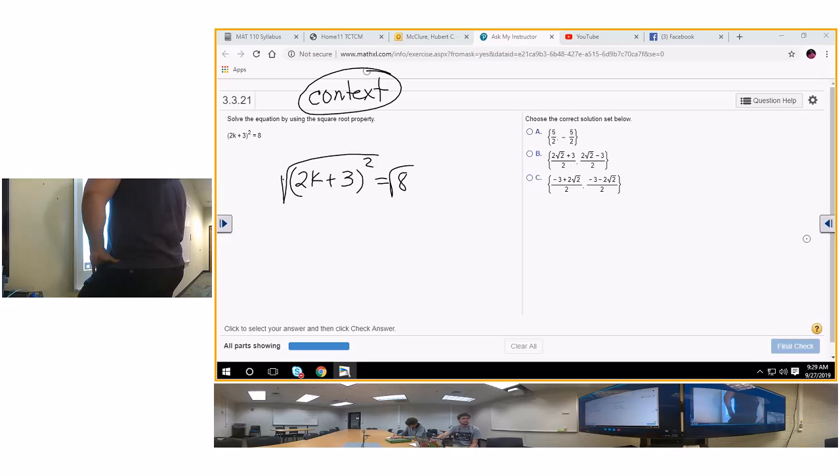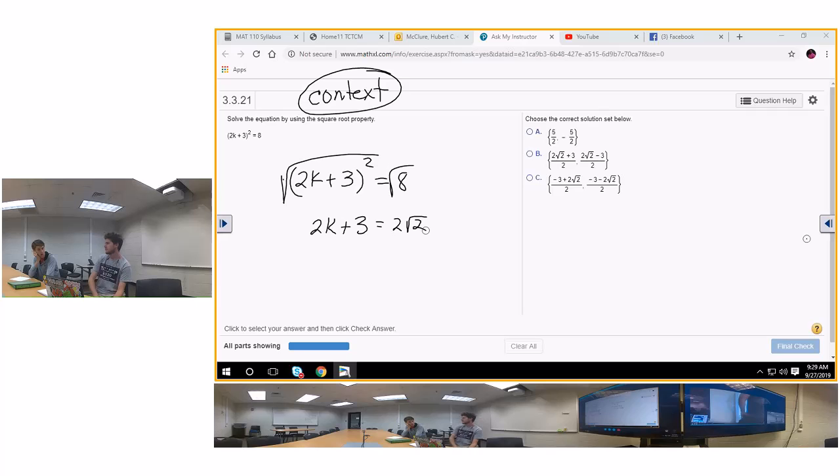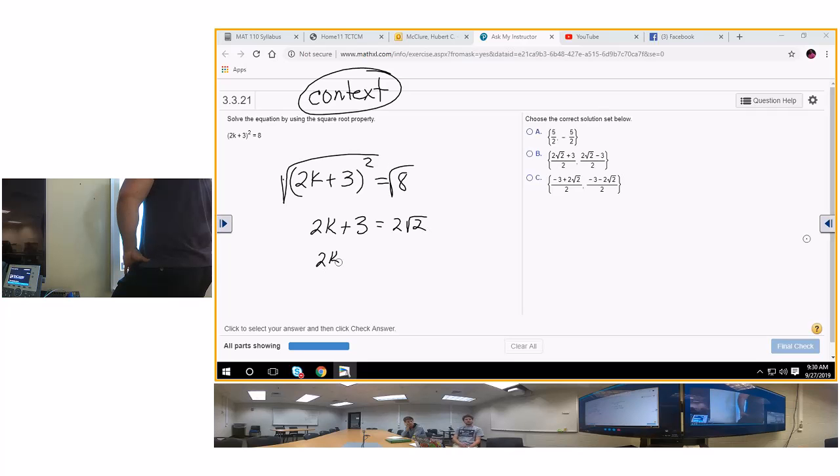Use radicals. Did I spell that right? I spelled that right. So that's 2k plus 3 is equal to 2 times the square root of 2. And then 2k is equal to 2 square root of 2 minus 3. And then divide by 2, divide by 2. So k is equal to 2 square root of 2 minus 3 over 2.